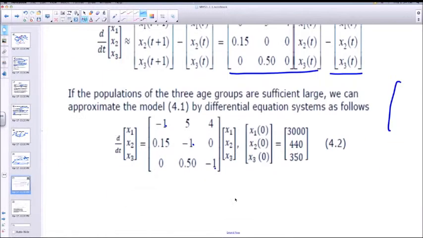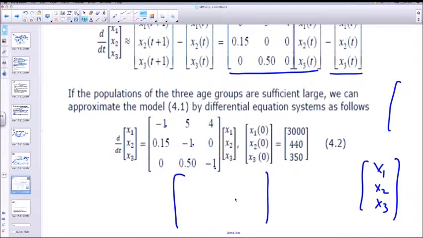Maybe extend a little bit. You factor out x1, x2, x3, and then you get the Leslie matrix: 0, 5, 4; 0.15, 0, 0; 0, 0.5, 0.